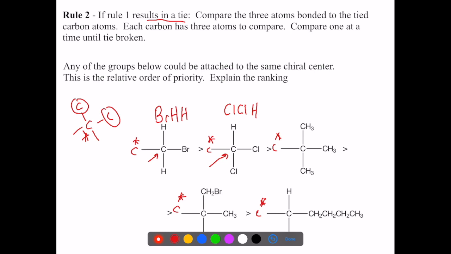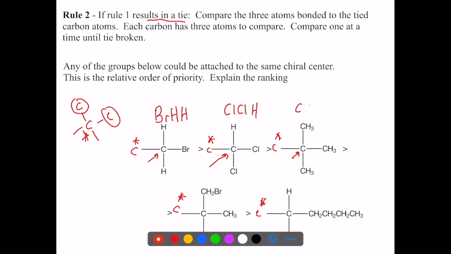Now you play this game 1 round at a time. So here we're comparing bromine to chlorine. Game over. Bromine is a higher atomic number. It wins. What about this carbon, the third one? What does it have?